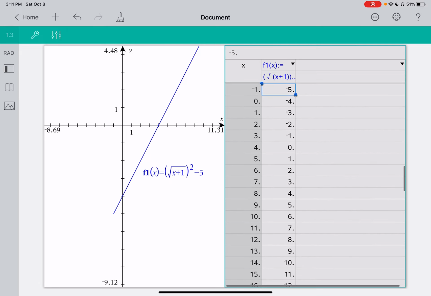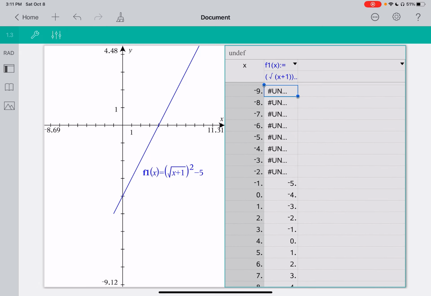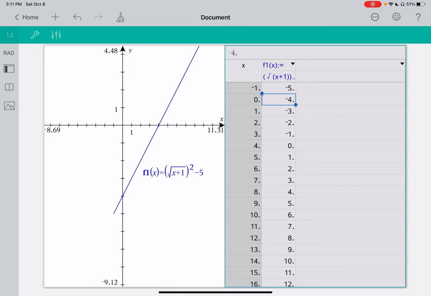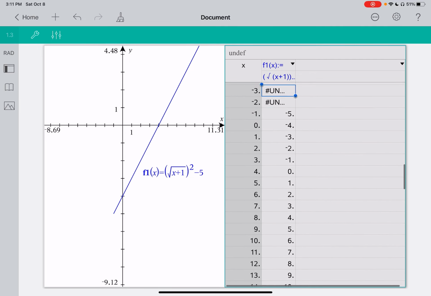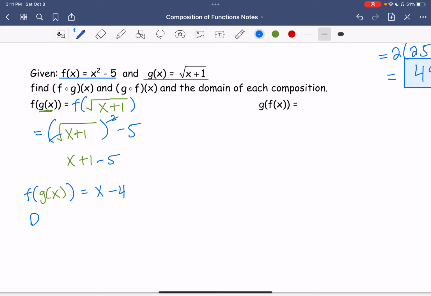So it starts at negative 1, because you can see at negative 2 and everywhere above that is undefined. So negative 1 is a defined point, so it'll be negative 1 with a bracket, and it goes on to infinity, as you can see. Okay, so the domain is bracket -1 to infinity. And this is the final answer.